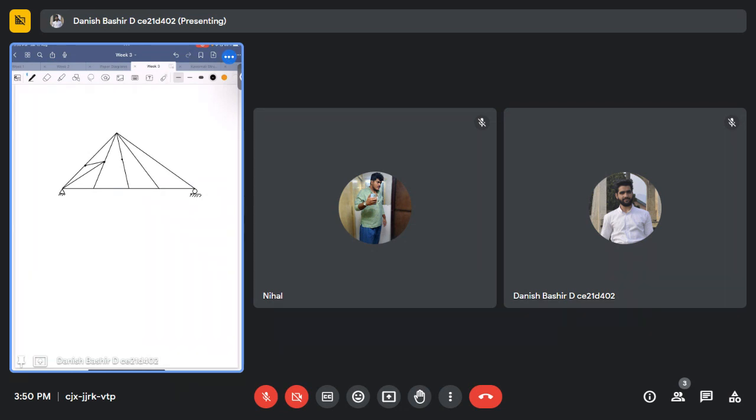I made a very random truss. I don't know whether it's internally stable or not, because that's not the point right now. We are not checking internal stability, but we are determining the zero force members.